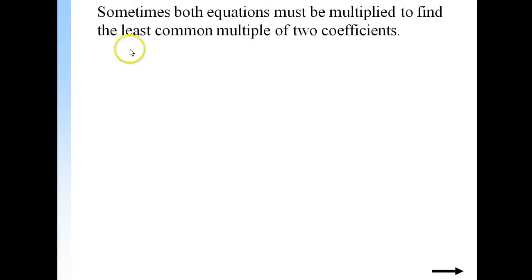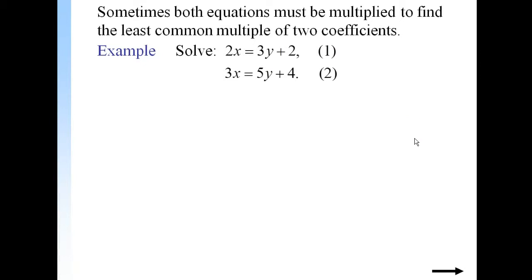Now, note this. Sometimes both equations must be multiplied to find the least common multiple so that something will cancel out. And we'll see it here. Now, the first thing I would do here, and again, a good protocol to do, is put it in standard form.